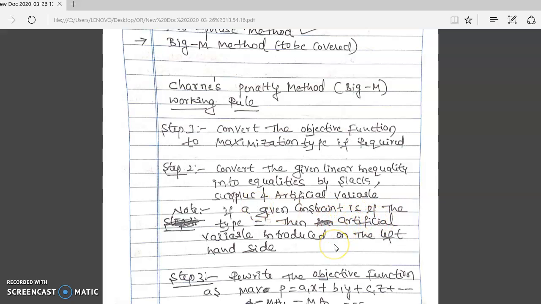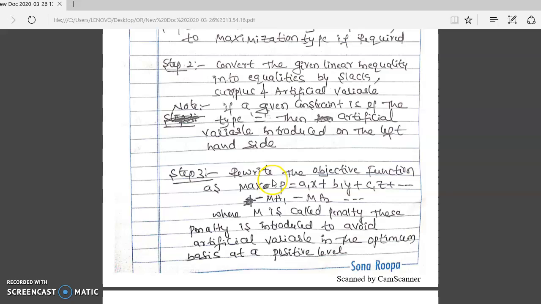Okay. Then in step 3, we are going to rewrite that equation. So here the equation can be a1x, b1y, c1z. Then if the constraint contains an artificial variable, then we must assign minus M to each of the artificial variables.